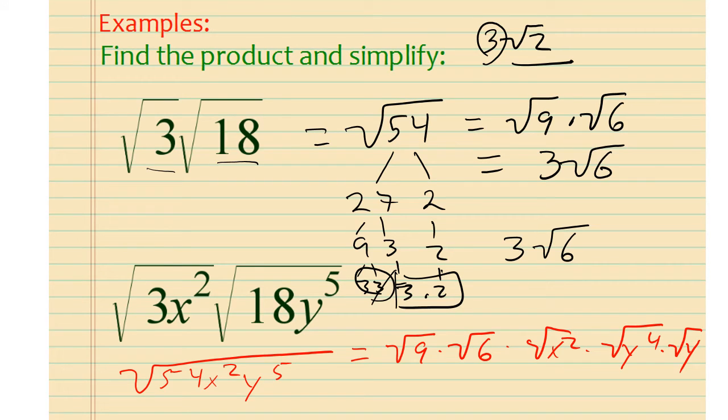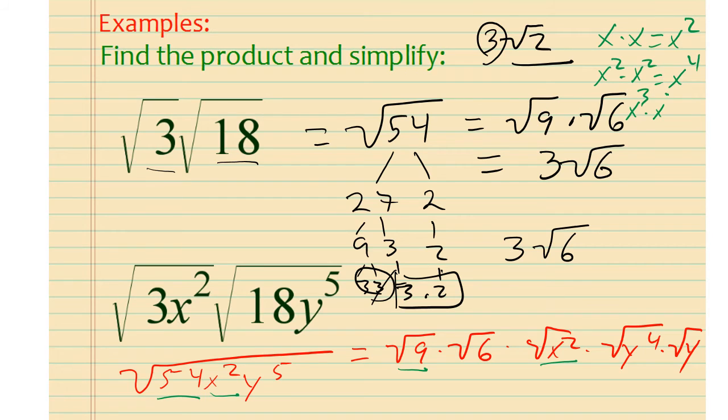Remember, the question for each item is, what's the biggest perfect square that goes into 54? That was 9. X squared is a perfect square. X times x is x squared. X squared times x squared is x to the 4th.